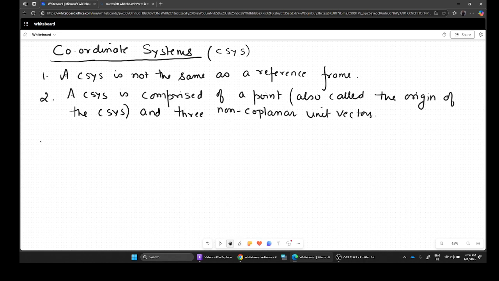A coordinate system is comprised of a point, also called the origin of the coordinate system, and three non-coplanar unit vectors.